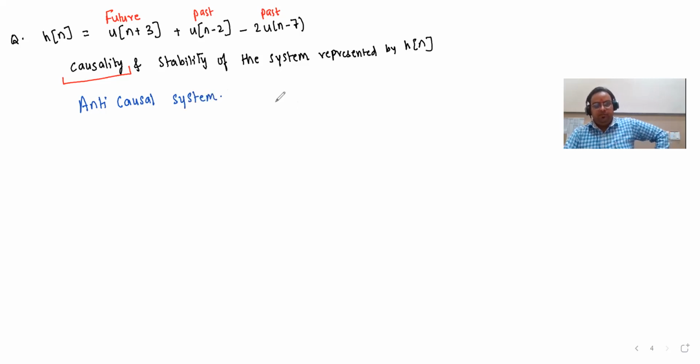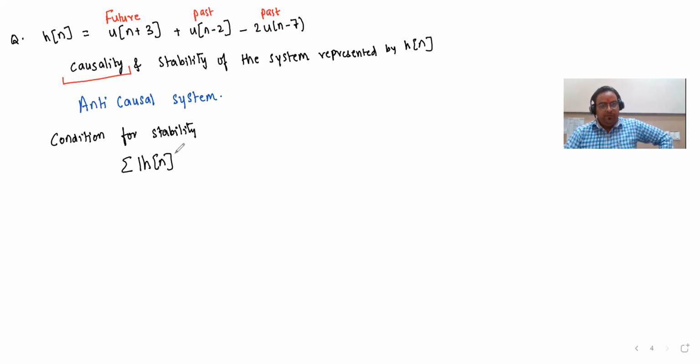Next comes the stability. For stability, the condition, as you must be knowing, is that we take the summation of h of n from minus infinity to infinity, and that should lie within finite limits.